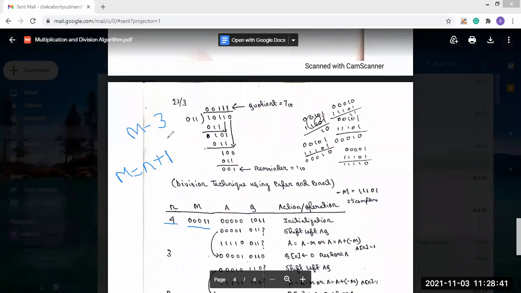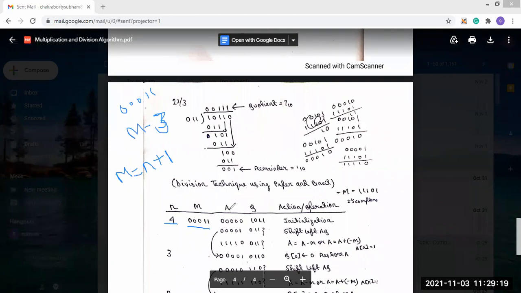Using these 5 bits, the value in m is 3. So to represent 3 using 5 bits, it will be 0, 0, 0, 1, 1. That's why in M it is written 0, 0, 0, 1, 1.